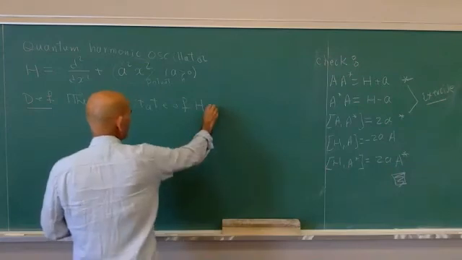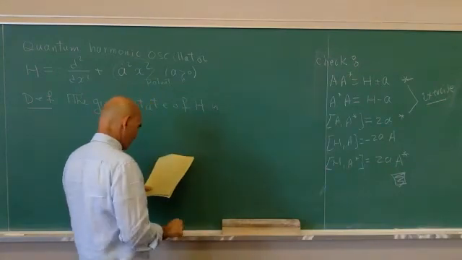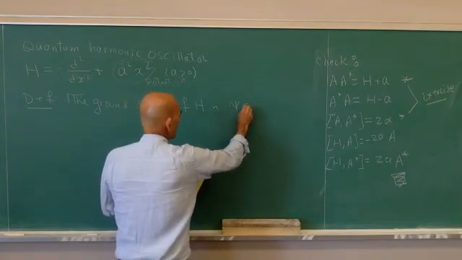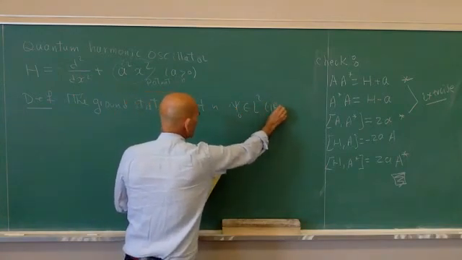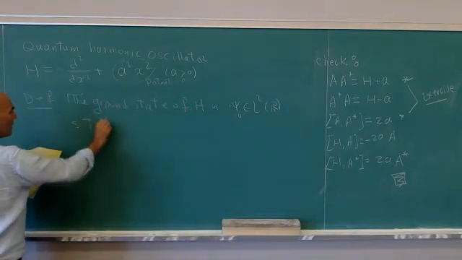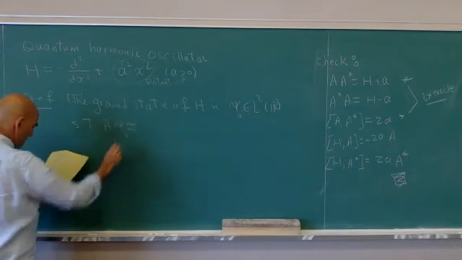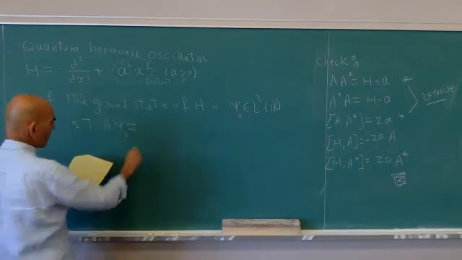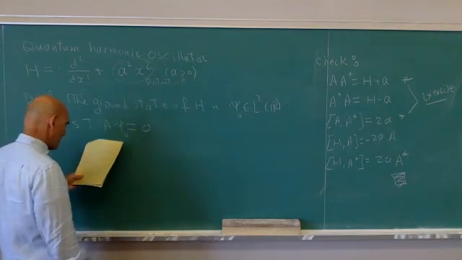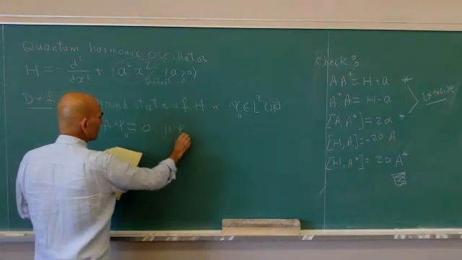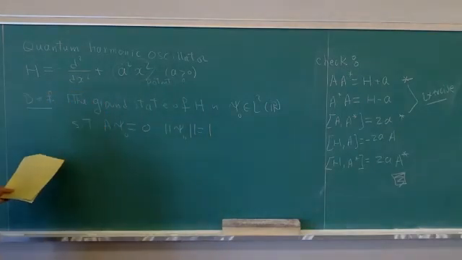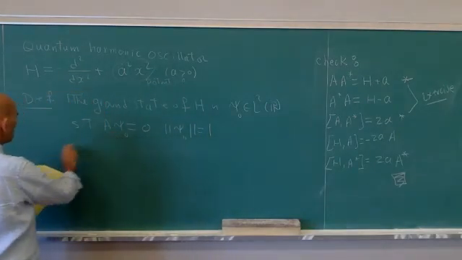The ground state of H is psi 0, belonging to L2 of R, such that A of psi 0 is equal to 0. It's annihilated by A completely, and the norm of psi 0 is equal to 1. I mean, it's very easy to find psi 0.